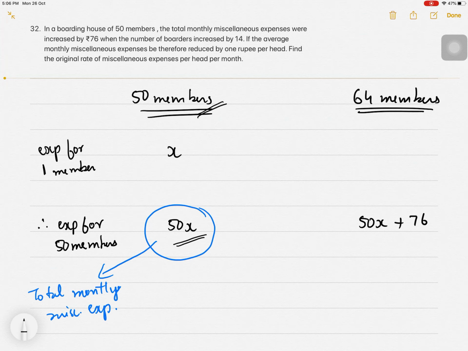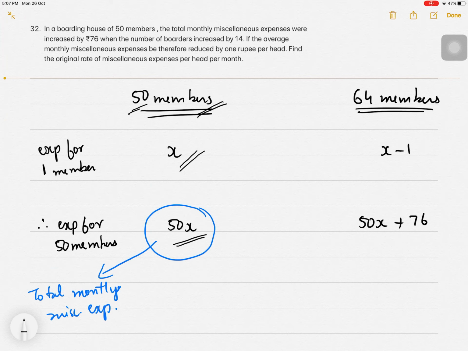If the average monthly miscellaneous expense is reduced by 1 rupee per head, when there were 50 members, expense for one member was x, right? Now, when there are 64 members, it reduced by 1 rupee. That means expense for one member became x minus 1.